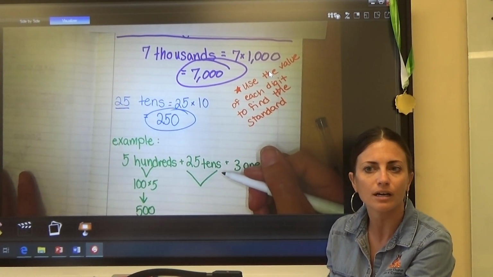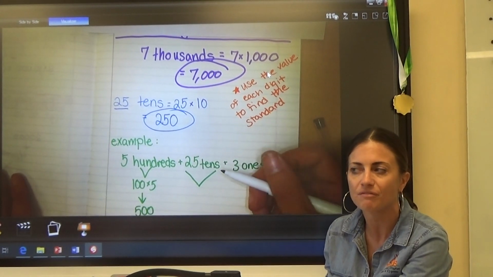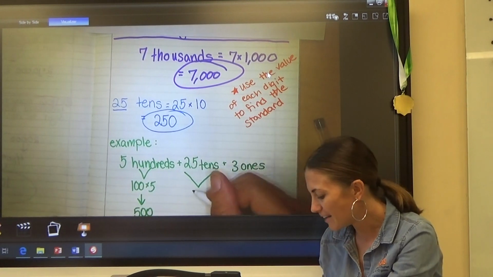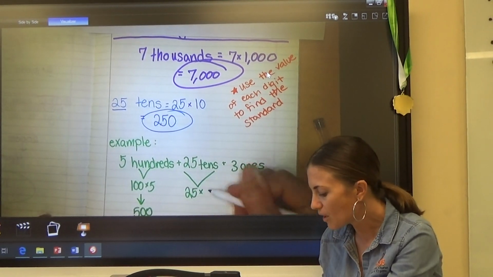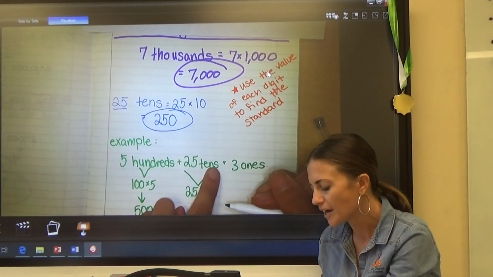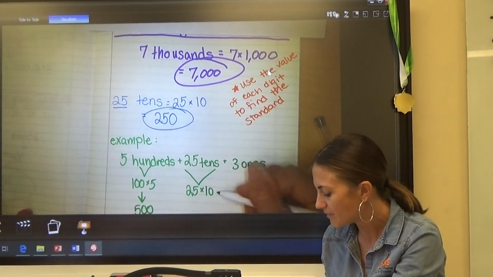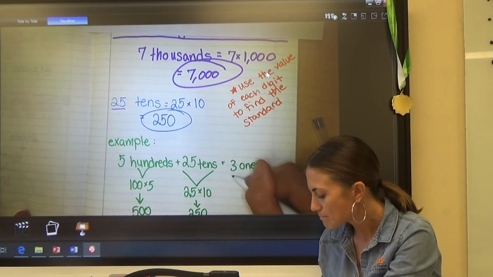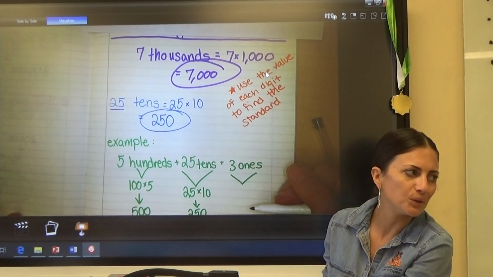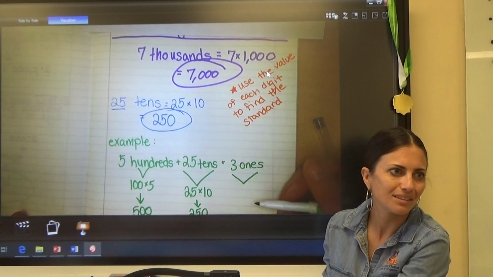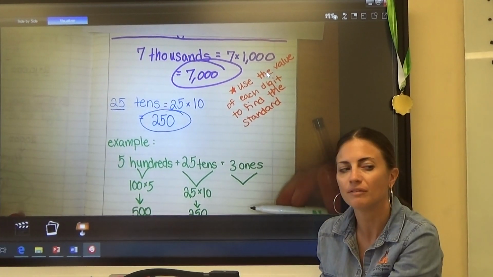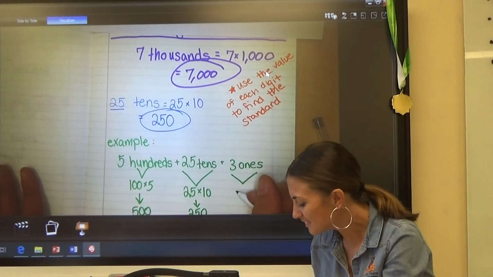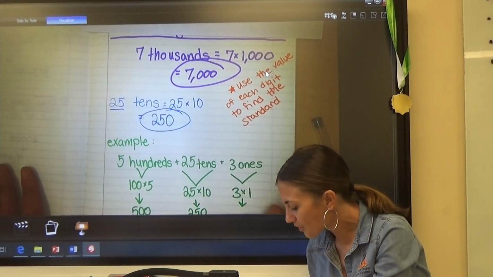How did we say we are going to write that out to make sure we have the value correct? 25 times 10. We still multiply our digits by our place value. 25 times 10, and that gives us 250. And what is our value of 3 ones? 3 times 1, and that's going to give us 3.